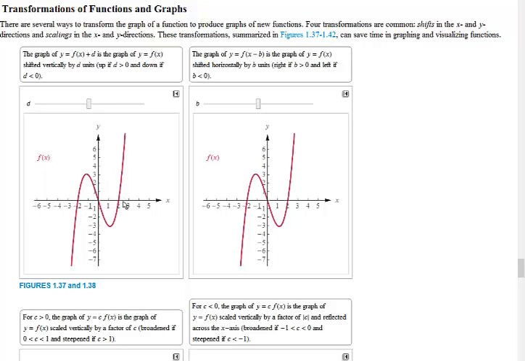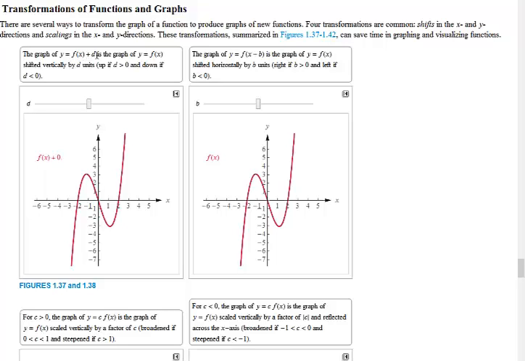So this happens to be a cubic, and this d is just being added on the outside, and if I increase that d, what happens is it shifts vertically up or down. Negative, it shifts down. Positive, it shifts up. So this is called adding on the outside. I'm going to be talking about inside and outside functions quite a bit. So try to notice if something is on the inside of the function or the outside of the function.